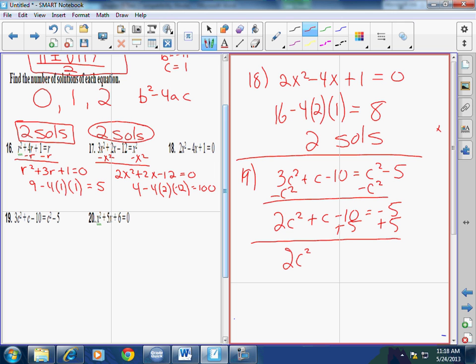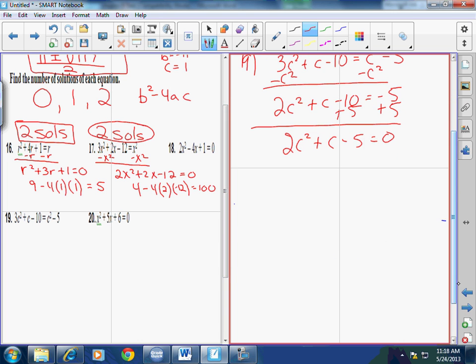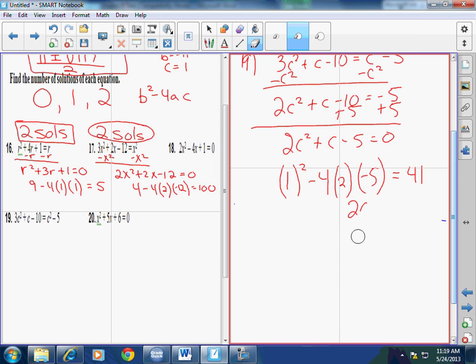I get 2c squared plus c minus 5 equals 0. Now we can test to see how many solutions I can possibly have. B squared minus 4 times A times C is going to equal 41. That is greater than 0. So I have 2 solutions.